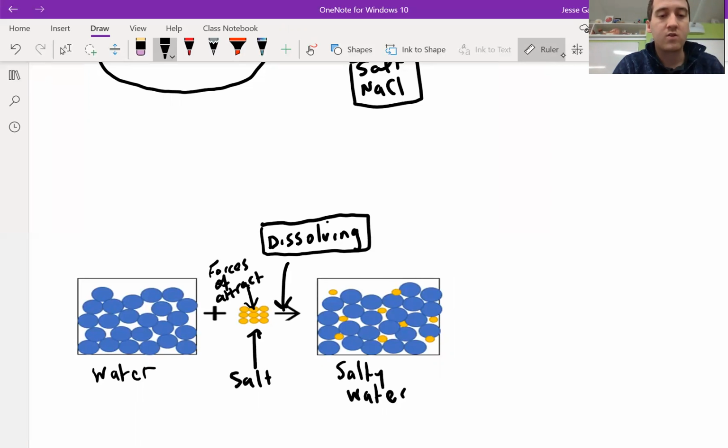So forces of attraction between the solid particles of the salt hold them together in that structure. Now, obviously, over here, the particles are separate. So mixing them with water, making them dissolve, means that we can break forces.